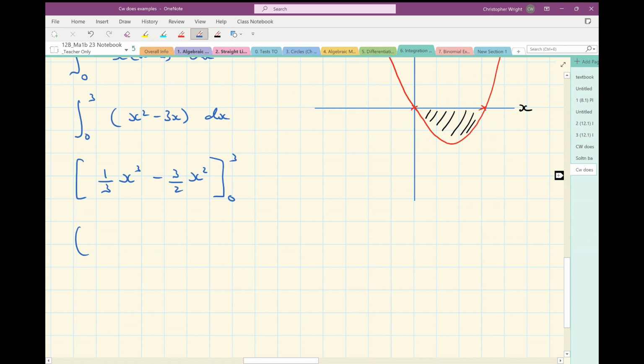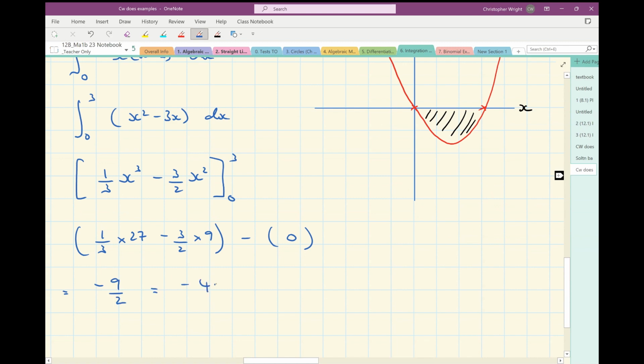Right, stick x is 3 into that expression, so I get 1/3 of 27 minus 3 halves of 9. And from that, I'm subtracting 0 because that's the value of the expression when x equals 0. So that gives me an answer there of minus 9 over 2, or minus 4.5, of course.